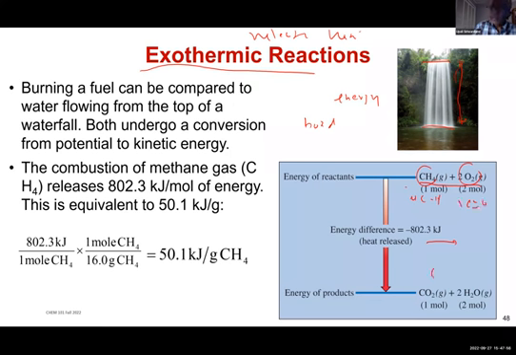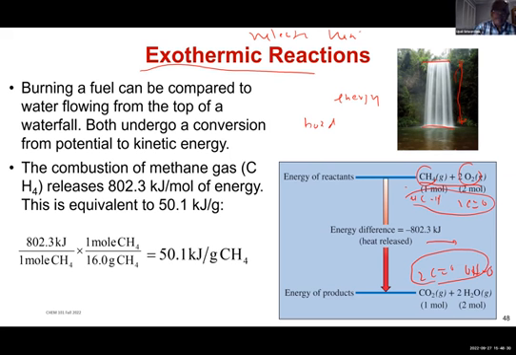When you produce carbon dioxide, you have carbon-oxygen bonds, 2 of them, and water has oxygen-hydrogen bonds, 2 of them. These bonds are low energy, with less energy than the bonds in methane. Therefore, energy is released when methane burns.